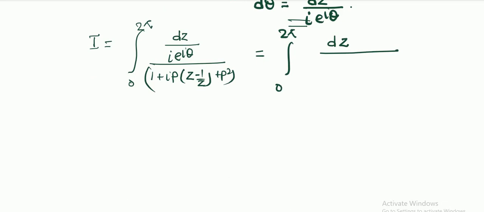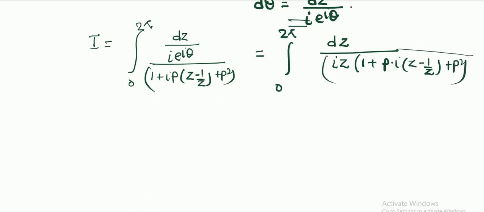So you can say that e to the power I theta is z, so I can write I into z multiplied with 1 plus p into I z minus 1 by z plus p square. Okay, now this whole integral is converted into z domain, that is complex domain.